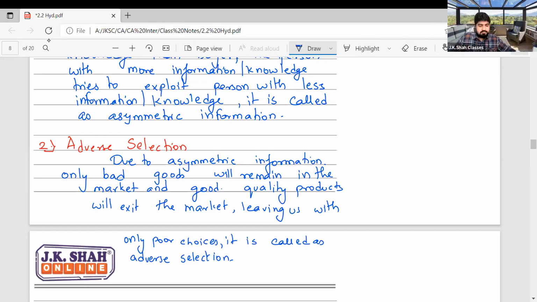Rishabh is asking, sir, how can buyer have more knowledge than the seller? When you wish to buy insurance, at the time of buying insurance, they ask you different questions. Do you smoke? Do you consume alcohol?